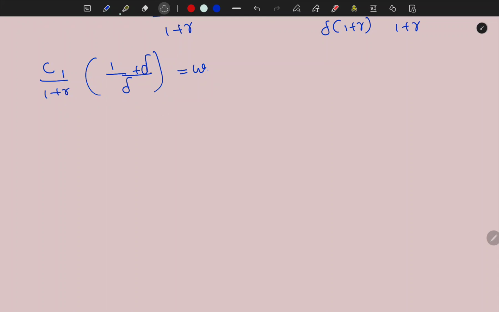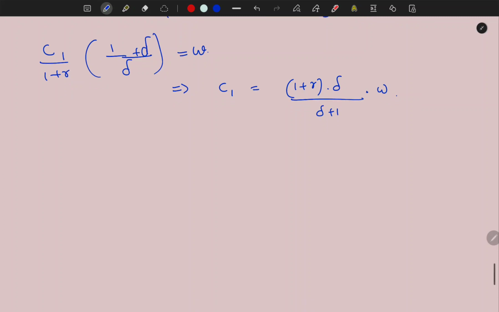Now what is C1? C1 equals 1 plus R, with the reciprocal of this, delta divided by 1 plus delta, times W. This is C1.